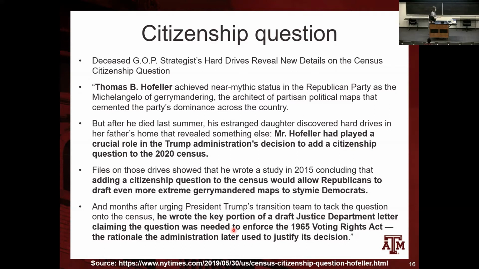Actually, by adding that question, you make it less likely for families that have at least one undocumented immigrant living with them to answer the questionnaire. It's not directly asking if someone is an undocumented immigrant or not, but just by having the question about citizenship status, it creates a fear in some households to answer the questionnaire as a whole.